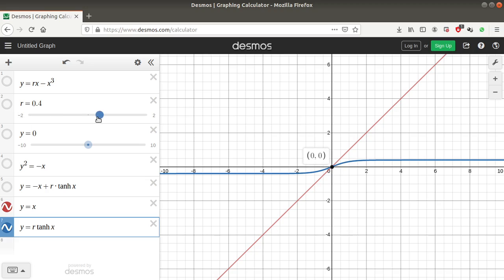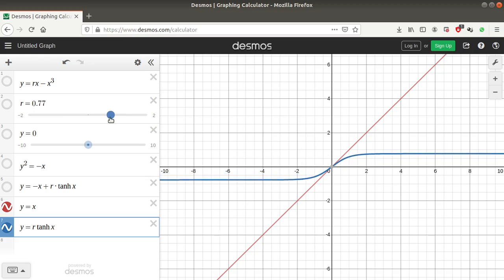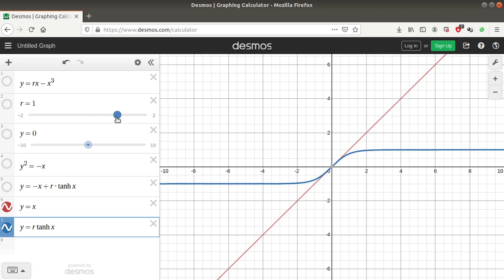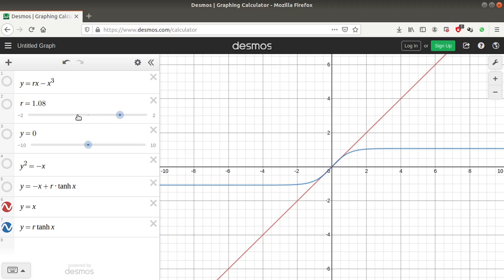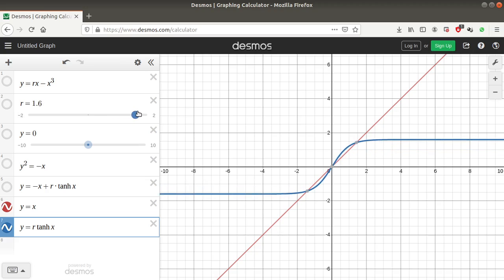Now let me change the r value. If I keep on changing the r value to above 1, then there is an intersection, right? See, here, here and here. Those are the fixed points. For this particular R value, this is the x star.